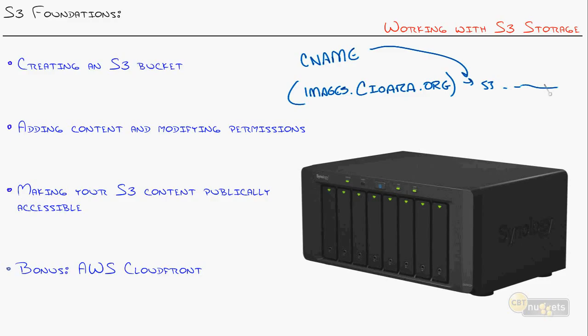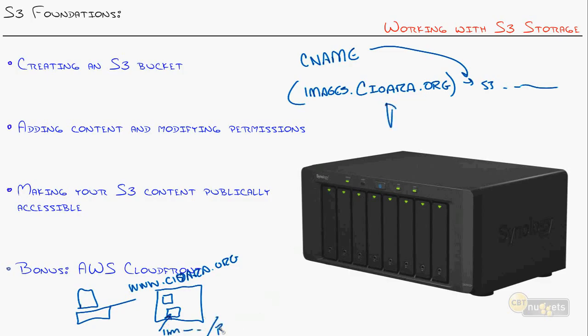Because here's what happens: when somebody on their computer opens a web browser and goes to my website, we'll say www.chara.org, it has a web page and it'll have images on there, and the URL for those images will be images.chara.org/besafe.jpg, or whatever my image is. As I'm coding the web page, that's what generates it. So here's how the pieces come together.